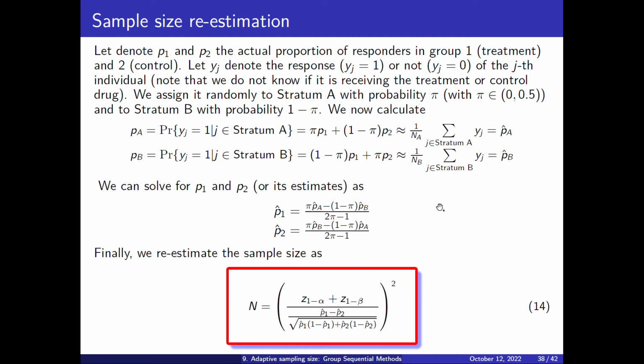So without disclosing the labels, we can estimate the proportion of respondents in group 1 and in group 2, so in the control and the treatment, and then we can re-estimate the sample size.